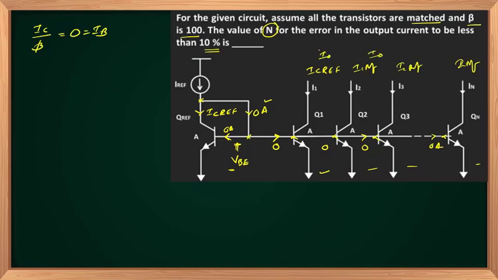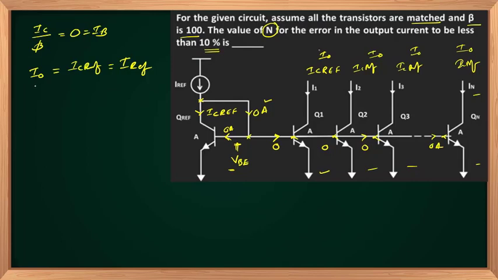I will call them output currents, and all currents are equal because the base emitter potentials are the same and they are matched. So my output current I out is equal to I1, equal to I2, equal to I3, and so on up to IN. That is equal to IC reference itself, and that is equal to I reference. The same reference current flows to the reference transistor, and all other collector currents are equal to IC reference, which is equal to I reference.